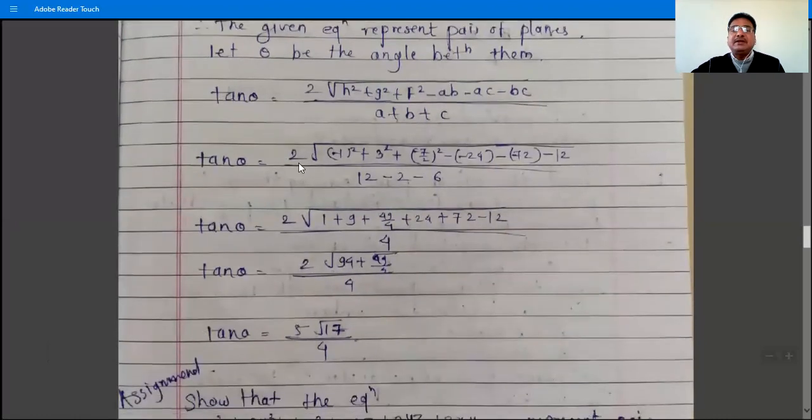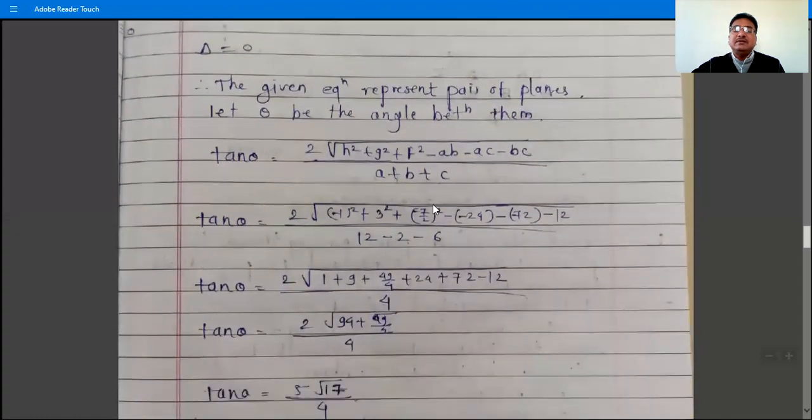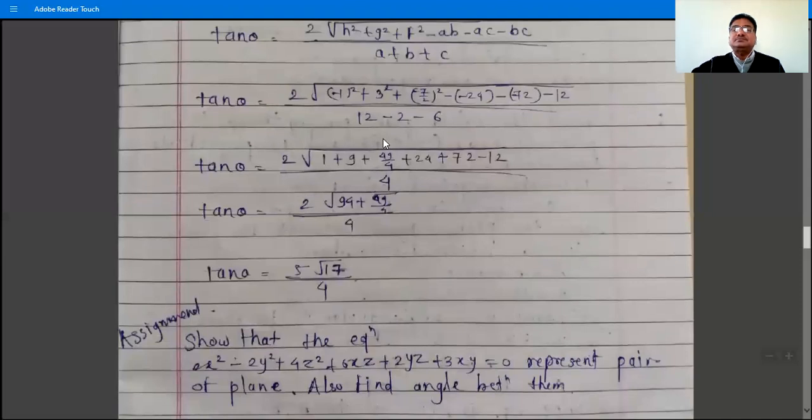So substitute the values. 2 in bracket, h is minus 1, g is 3, f is minus 7 by 2, then ab, ac, bc, so write the values, and a plus b plus c, and simplify. The square of minus 1 is plus 1, the square of minus 7 by 2 is 49 by 4, and all the calculation.